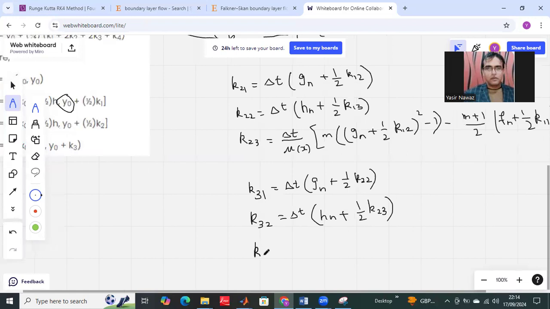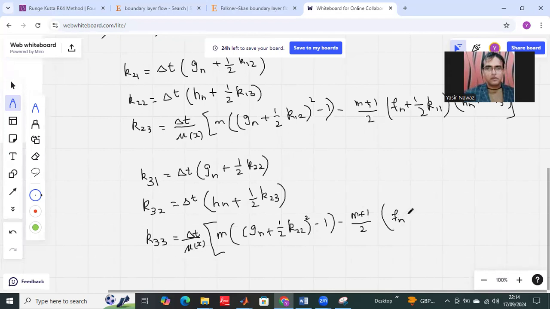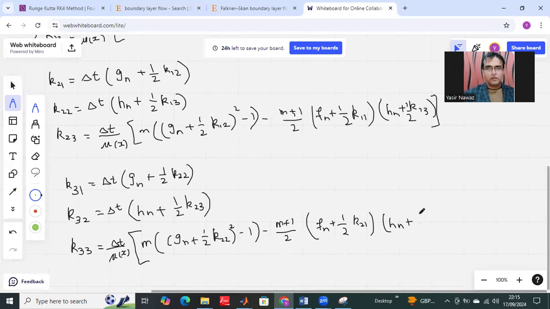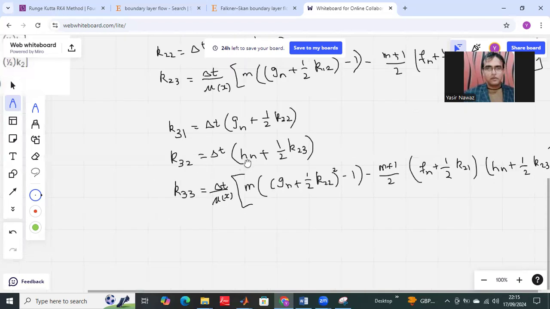And then K33 would be delta T over mu of x, and then m into Gn plus half K22, whole square, minus 1, minus (m plus 1) divided by 2, times Fn plus half of the previous stage K21, and then Hn plus half K23. Now I will write the final stage.